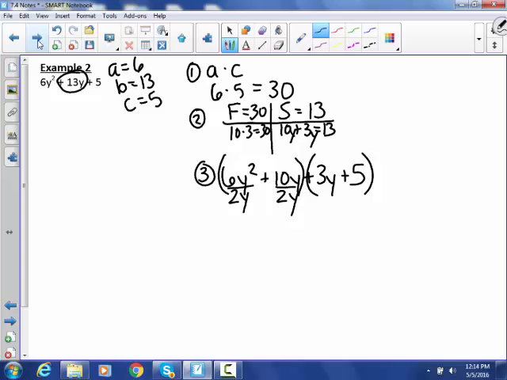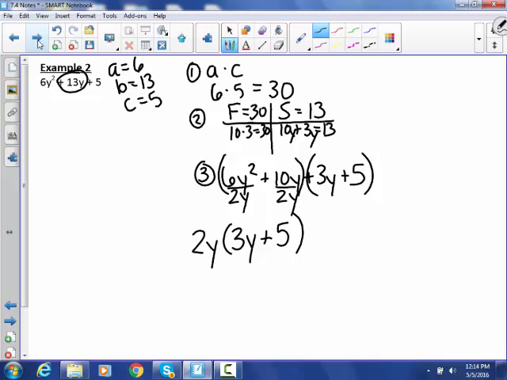So wouldn't that be 2y and then put parentheses? Yep. 3y plus 5. 2y goes out in front because that's what we divided by. 6 divided by 2 is 3. Y squared divided by y is y. Then 10 divided by 2 is 5. And y divided by y, there's nothing, it's a 1, but we don't have to put that.